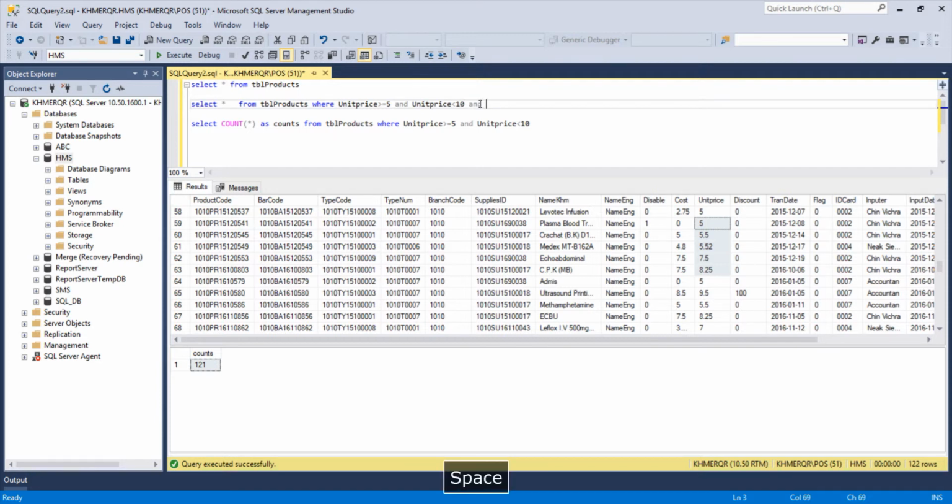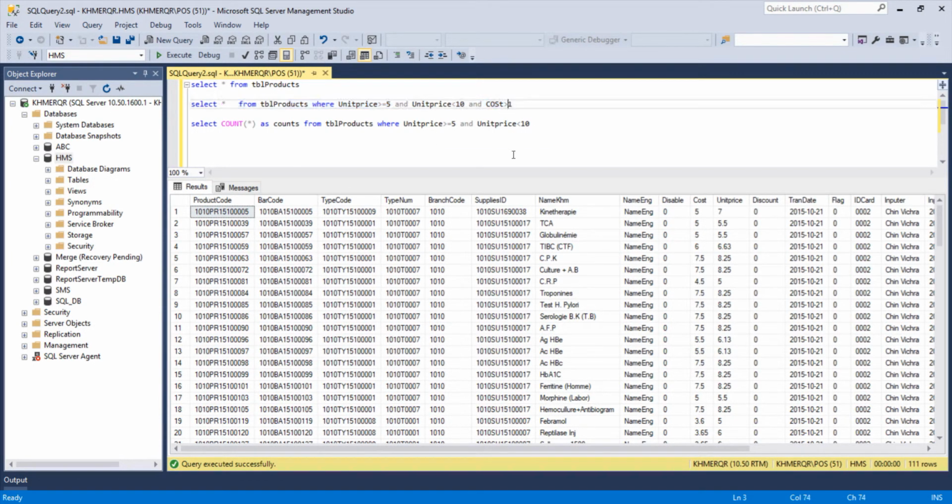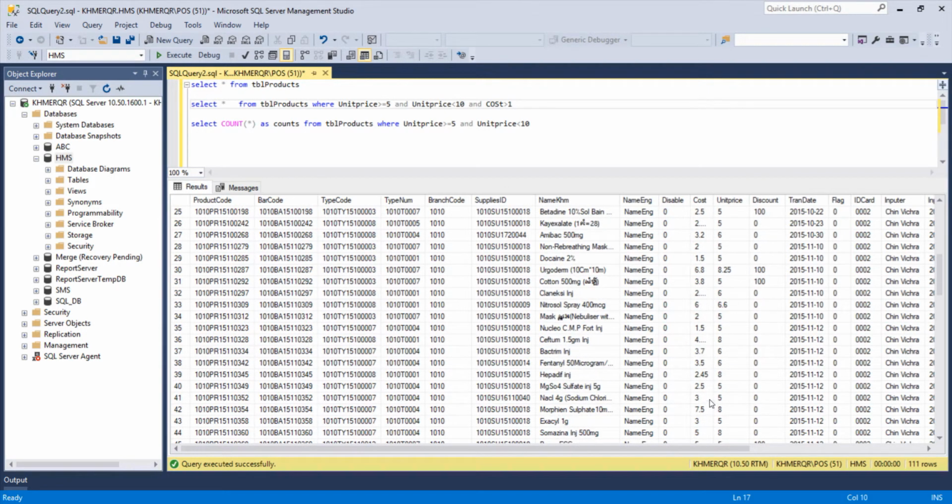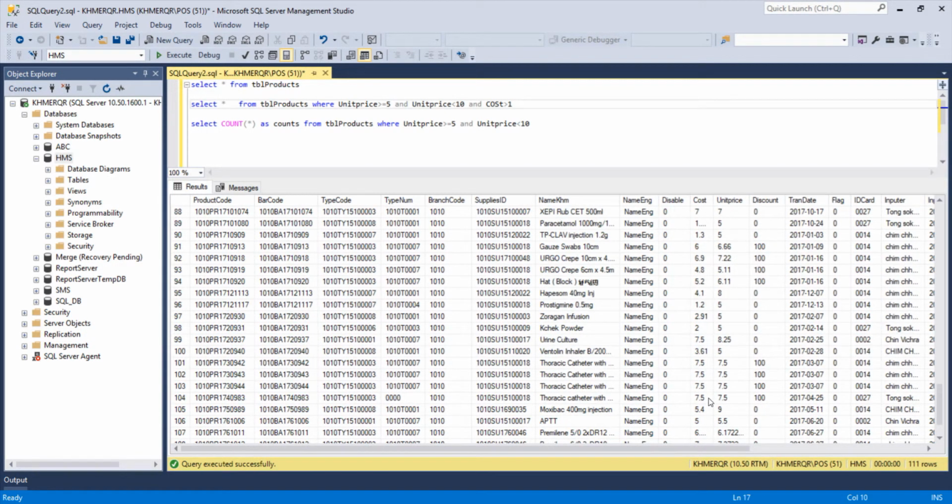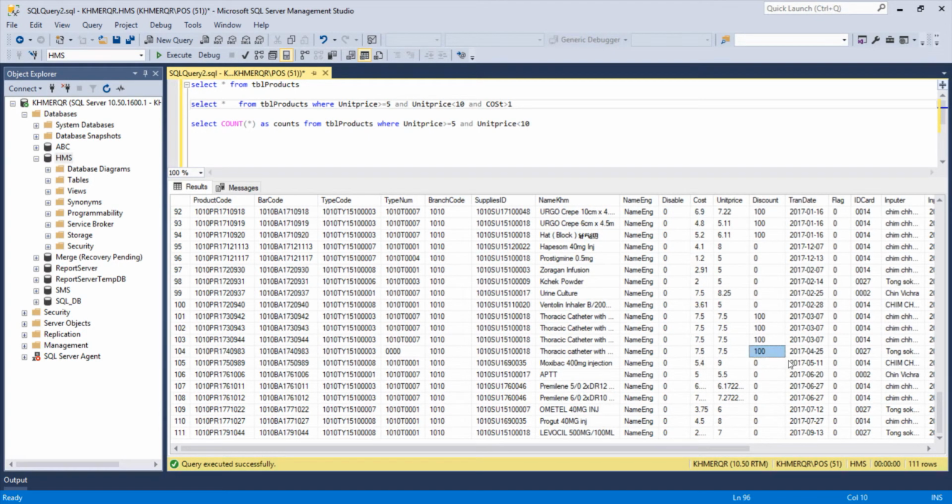And if I put an additional condition, cost bigger than 1, I mean 1.2 or 1 point something, we get 111.